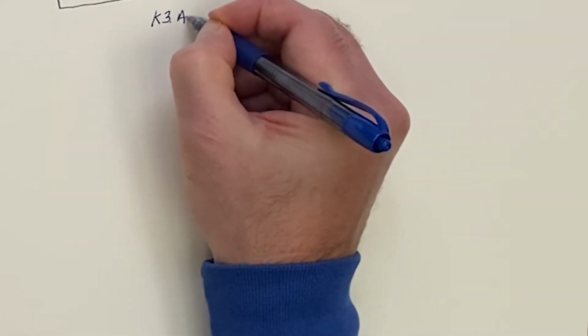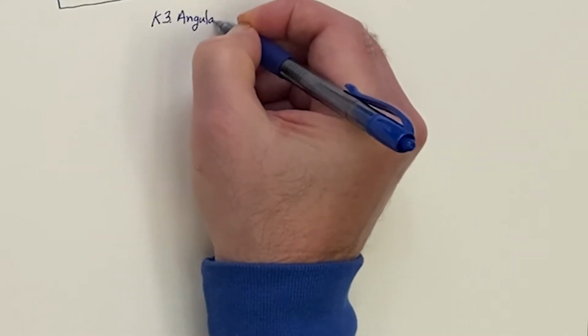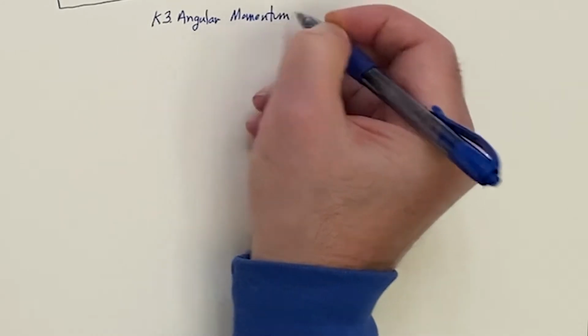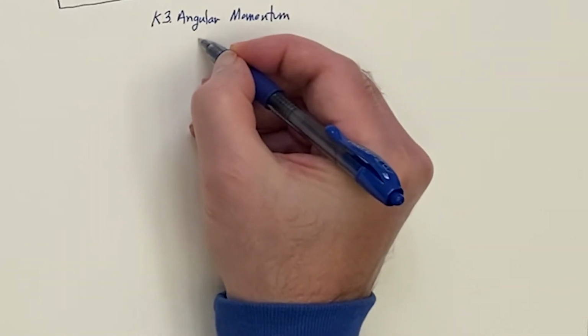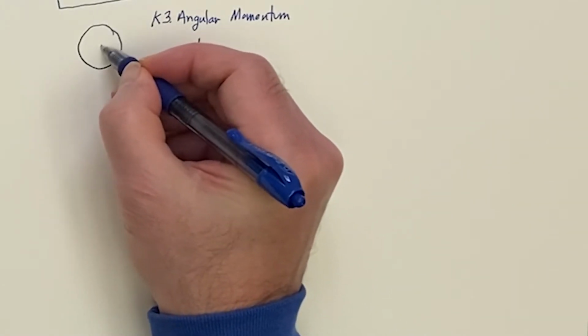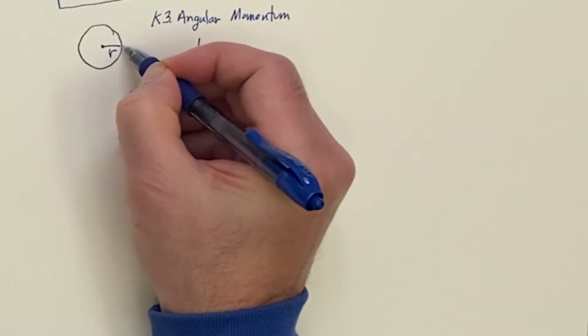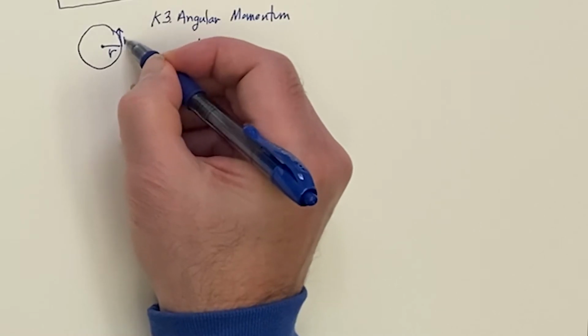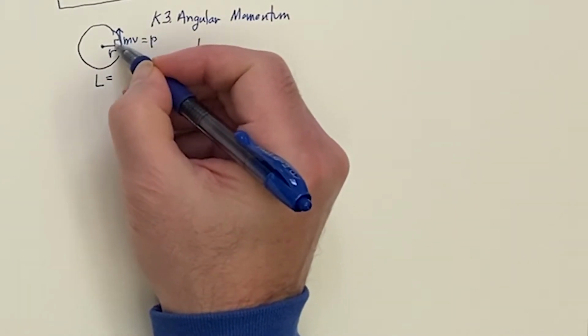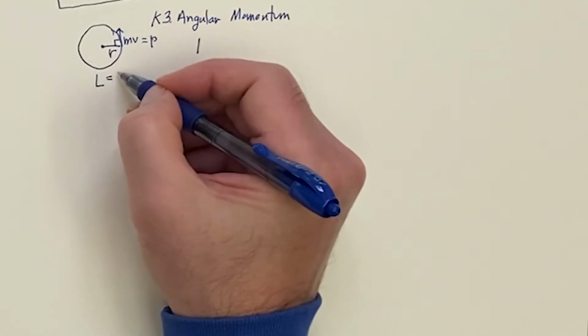Angular momentum. Now, the angular momentum definition: if you have a circular orbit where you have r, and here you have mv, which is your p, the definition is to multiply these together.